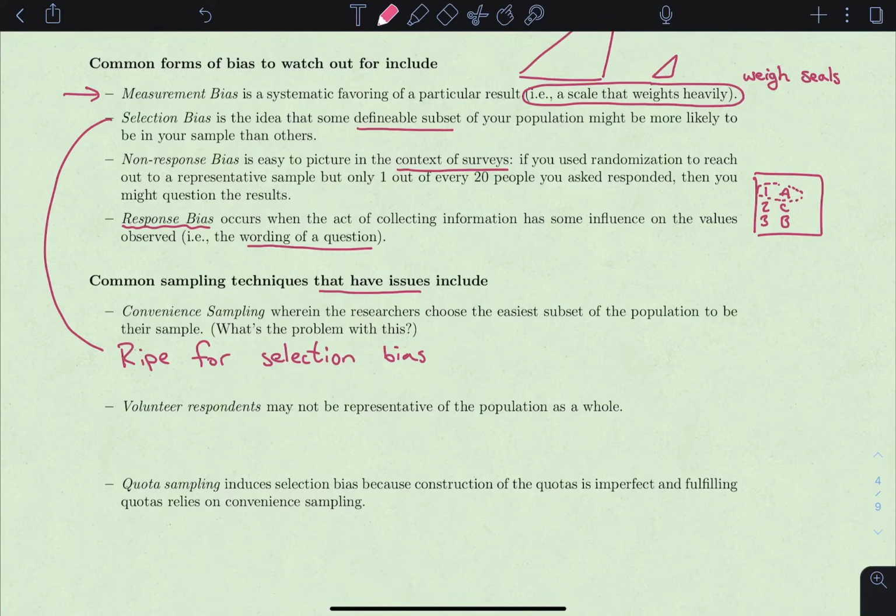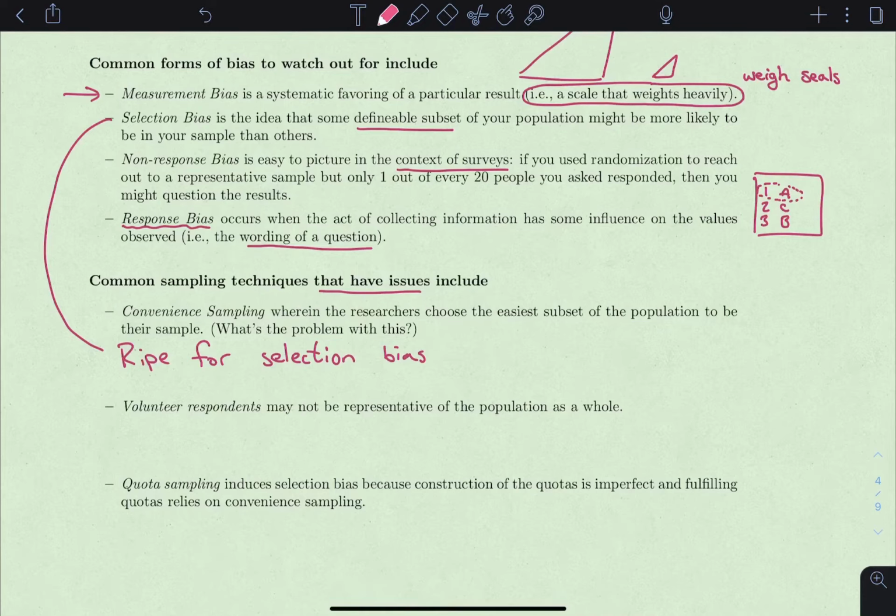That's the people who are convenient to your selection process. If you are doing a study in a psychology program, then it is convenient to pick people on campus, but you need to be careful about who your population is, because you're not getting a representative sample of everybody in society when you're only sampling on a college campus.